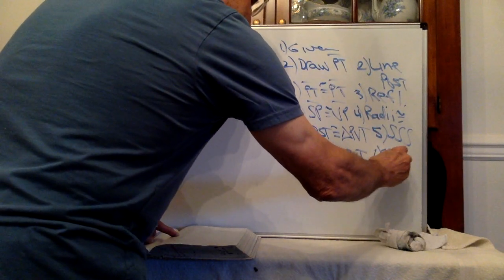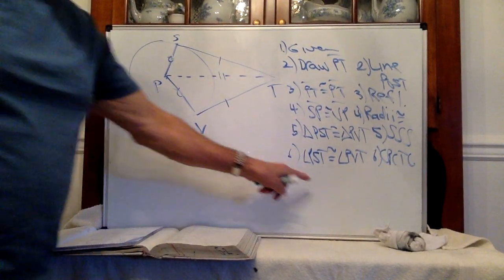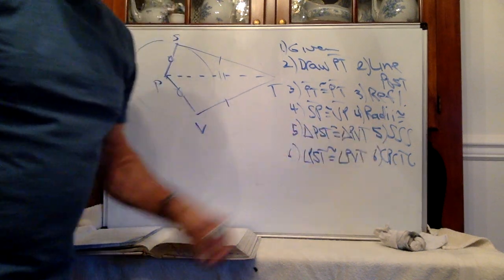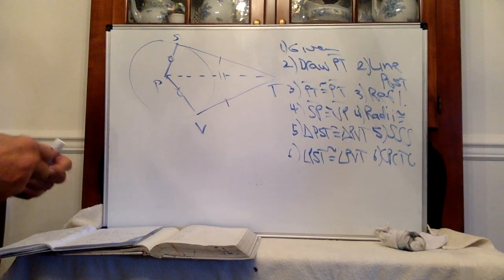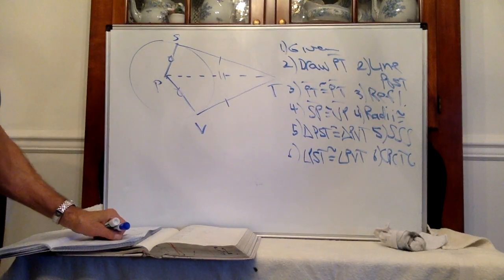By CPCTC. Again, for the umpteenth time, you can never use CPCTC until you have first proven triangles congruent, which I did in this step prior. That was number 10. That's the one way to do it.